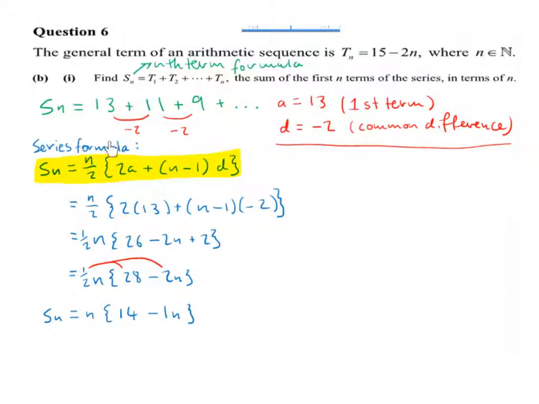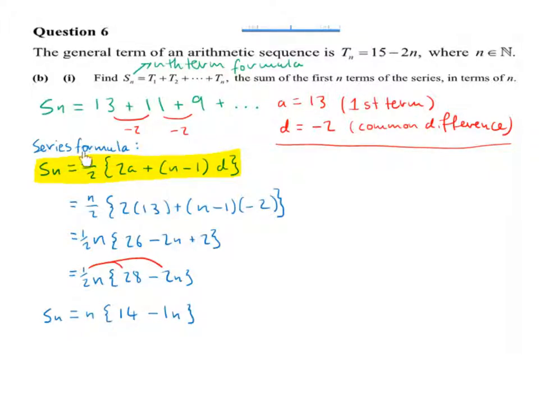The series formula, which is given to us in the formula book, is Sn equals n divided by 2, bracket, 2a plus bracket n minus 1 bracket d bracket. So this is our series formula, and we want to come up with a formula for the sum of series of this sequence.